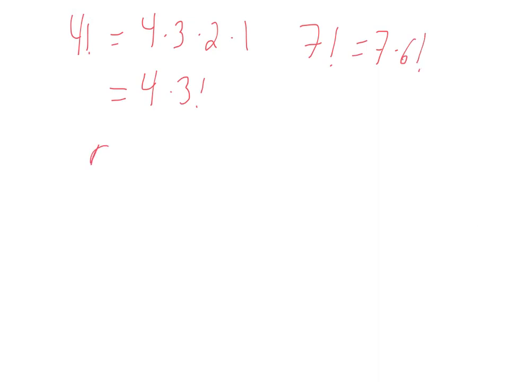And in general, if I have n factorial, I could write it as n times n minus 1 factorial. This is convenient in some instances, as we'll see later. So that's all you have to know for now. We don't have to worry about n factorial so much.